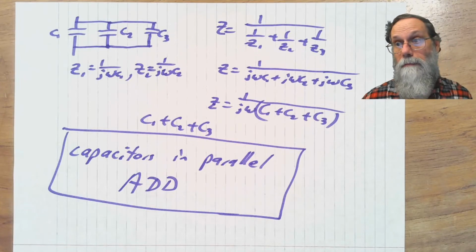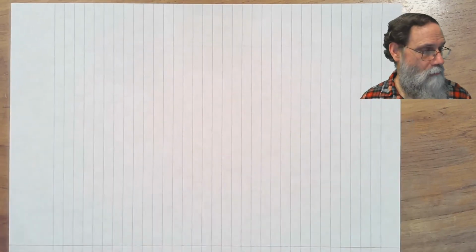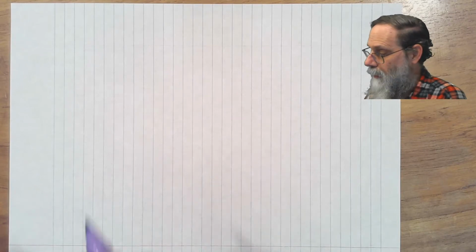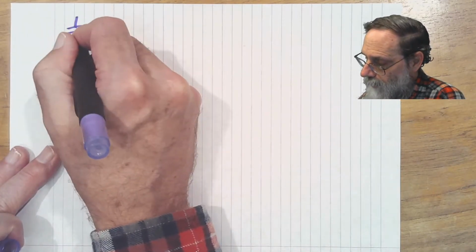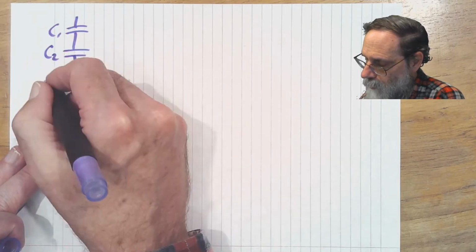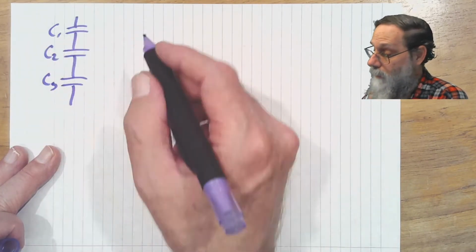All right, what happens for capacitors in series? We'll do the same basic analysis here. Let's again take three capacitors, C1, C2, C3, and now we know these are in series, so their impedances add.